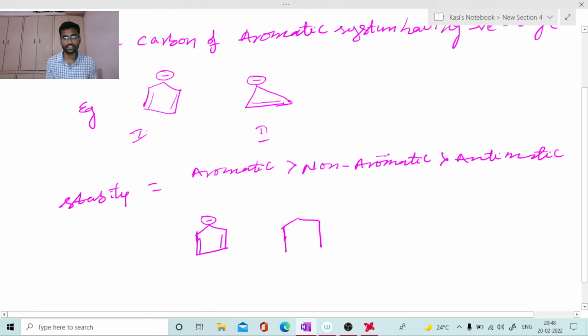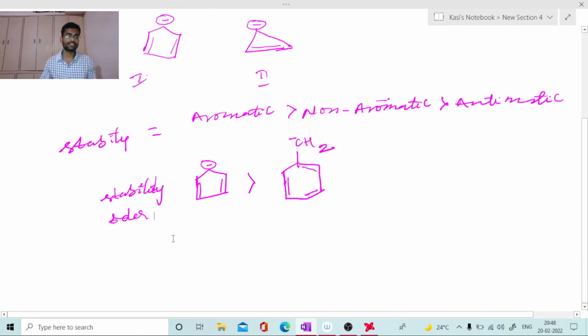Here the negative charge cannot participate in the ring, but here it is involved in the delocalization. Which one is more stable? The one with more aromatic nature is taken as more stable. So this is about the stability order.